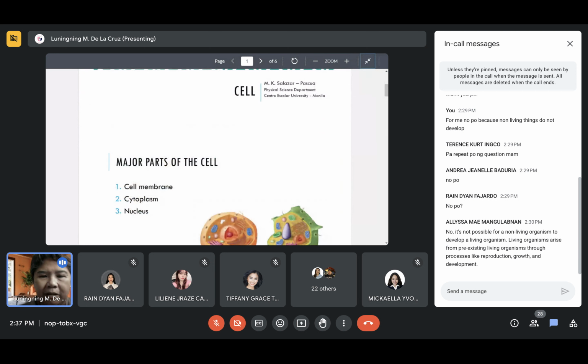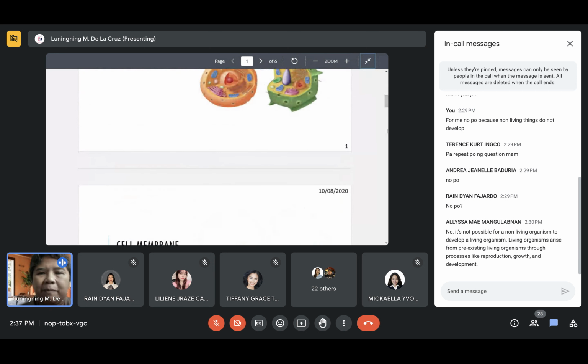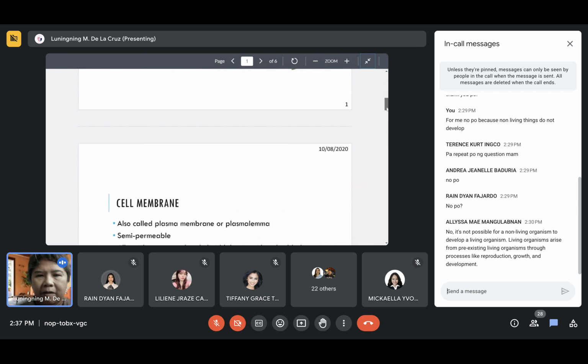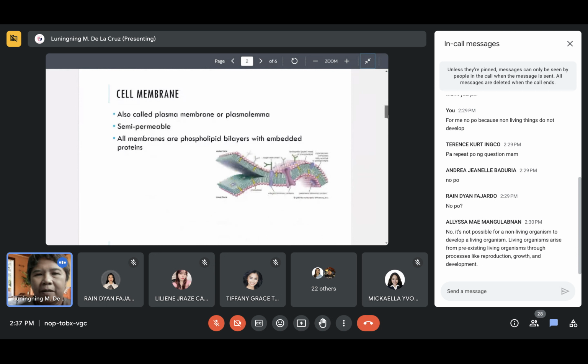So, that three parts is the cell membrane. Okay? The cell membrane, the nucleus, and the cytoplasm.